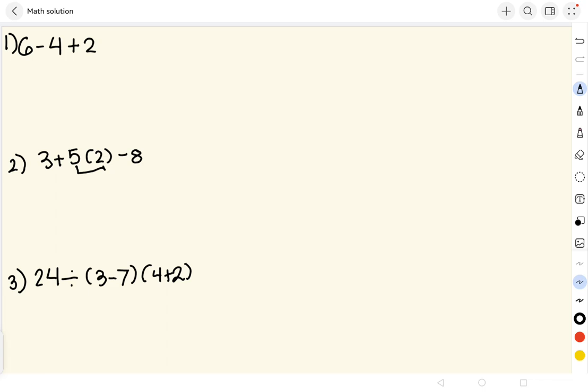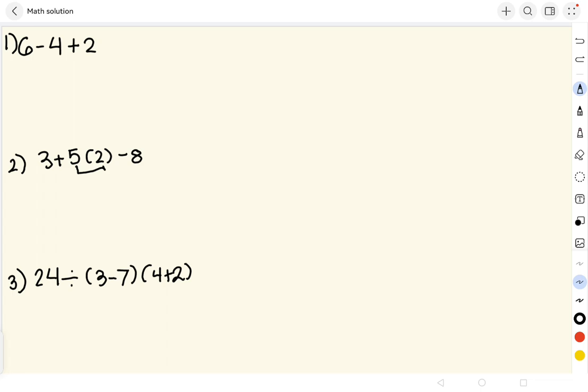So we know that grouping starts first, but we don't see any brackets, parentheses, or braces, so grouping is out of the list. And there's also no exponents, and you get to know if they're exponents when there's a smaller number on top of another. So we don't have any of that, so X off exponents on the list.